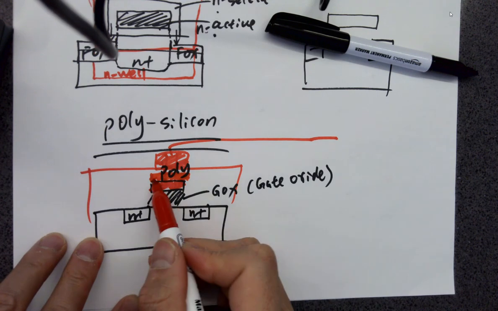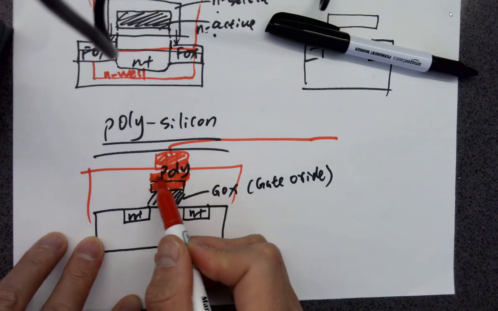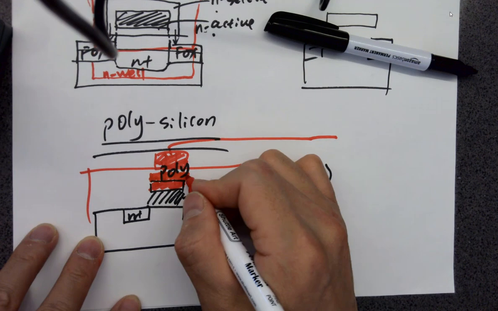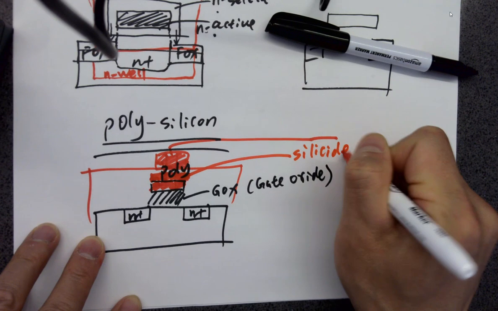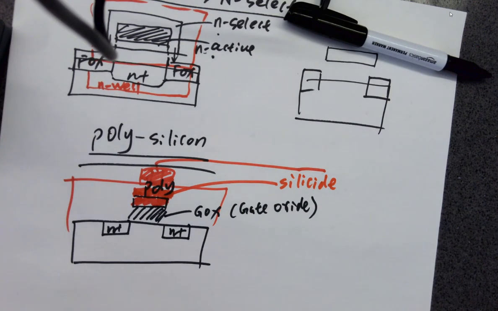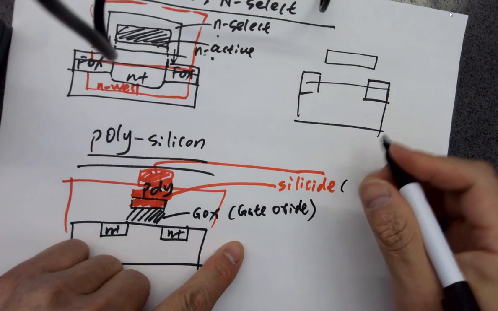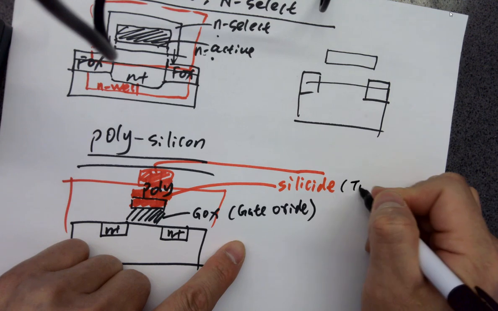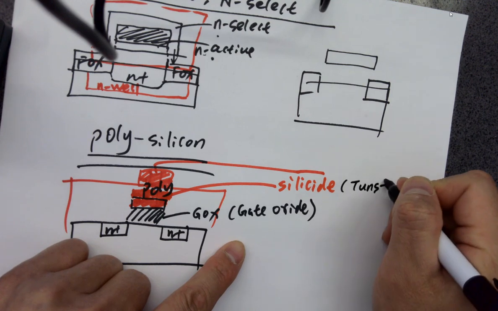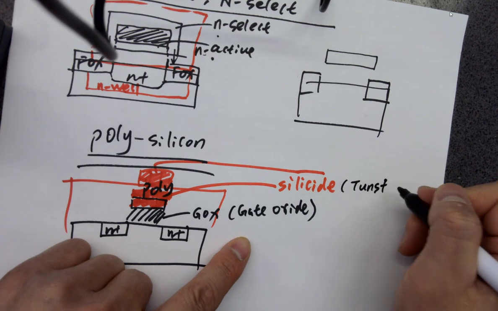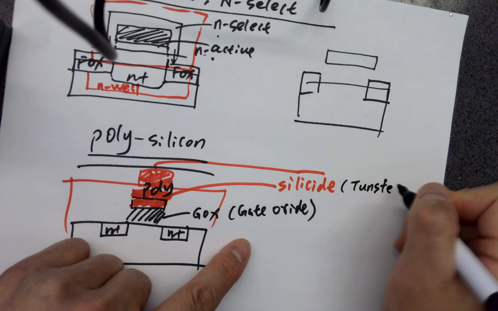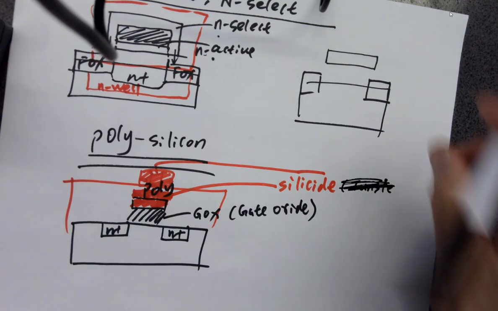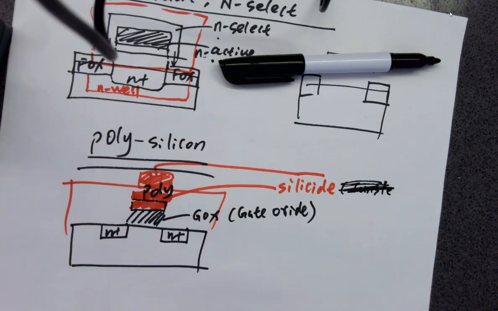You need the manufacturer to deposit a certain layer on the top of the poly, and this is called silicide. It's trying to reduce that resistance of the polysilicon, and it's usually made from tungsten. Did I spell this right? Tungsten. I couldn't spell it for now. Just the metal. So deposit the metal on top of the polysilicon to reduce the resistance.